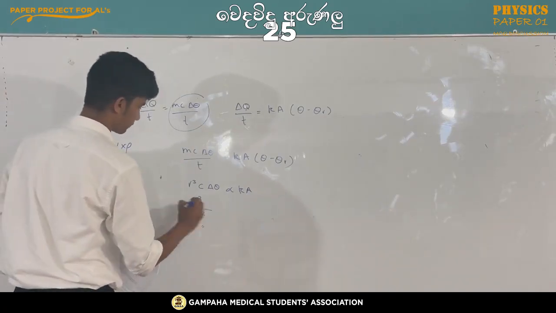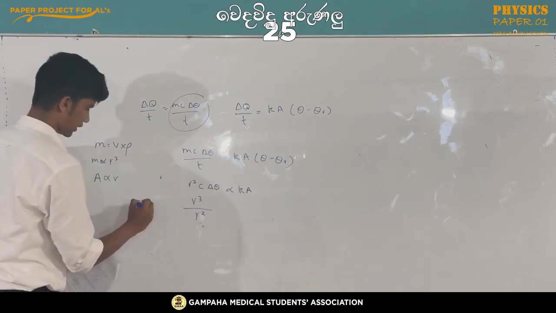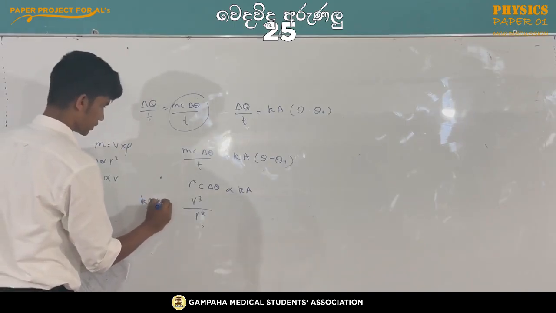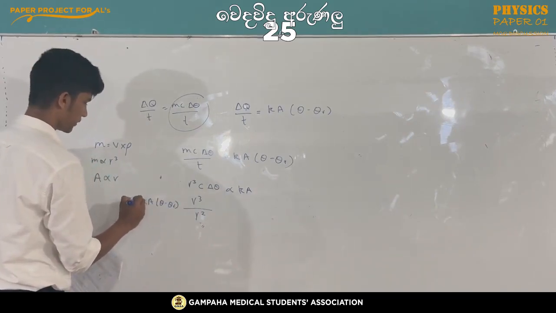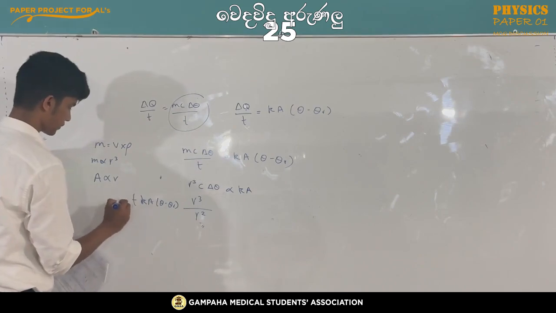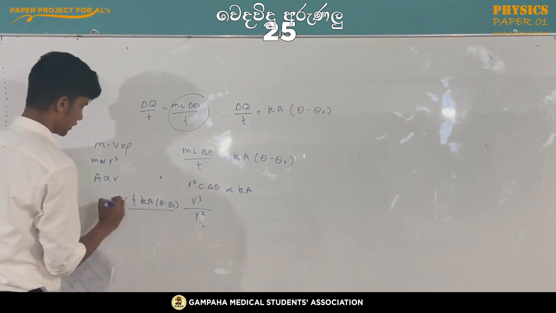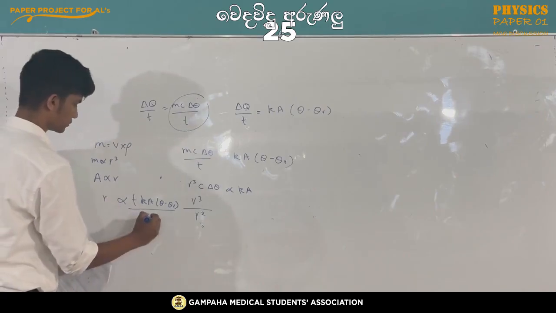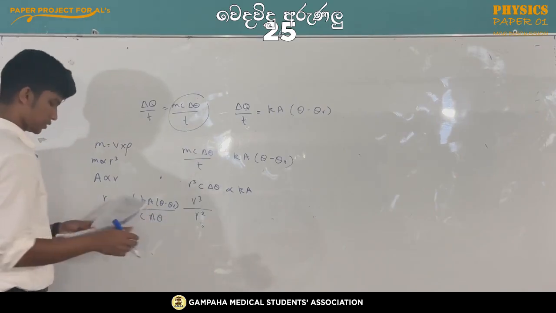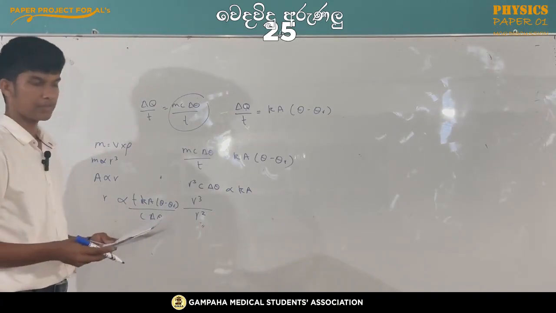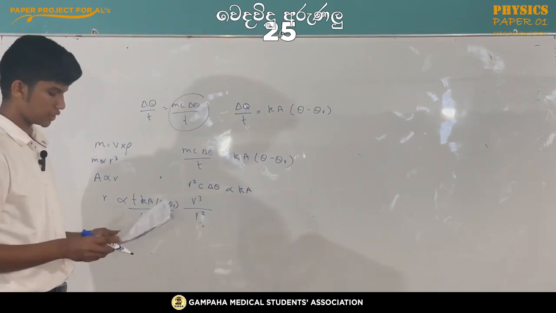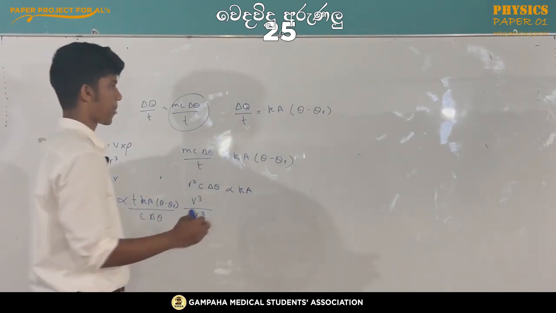We can see that K A (theta minus theta r) over t is directly proportional to R. So when the radius is 3 times, t will also be 3 times. So the correct answer is the fourth answer.